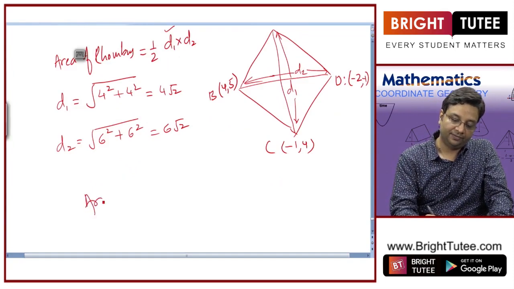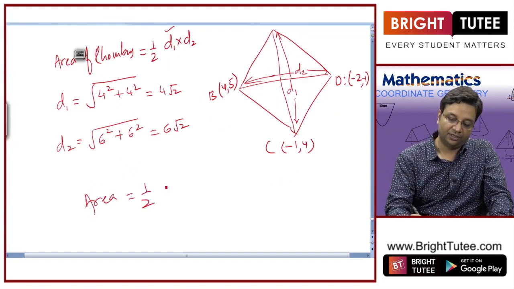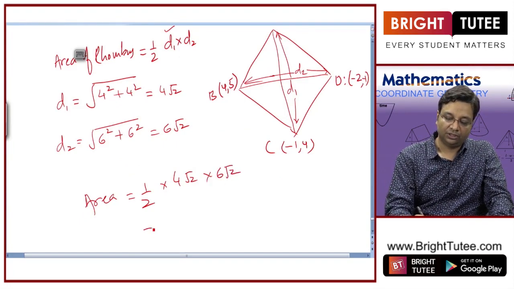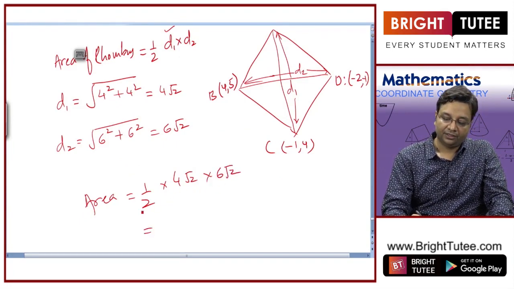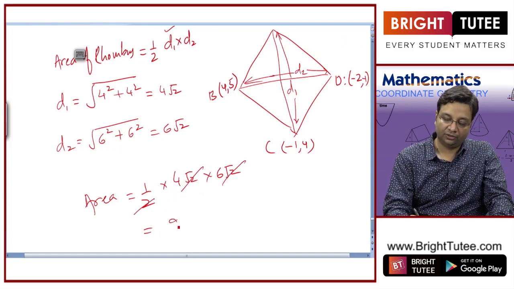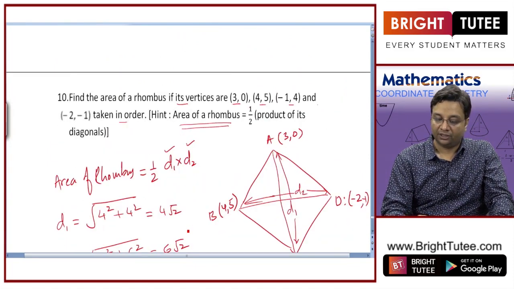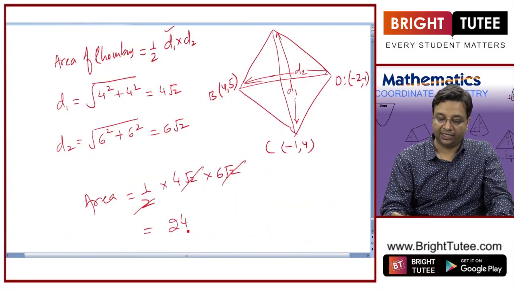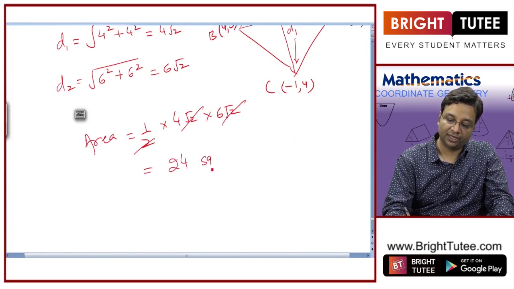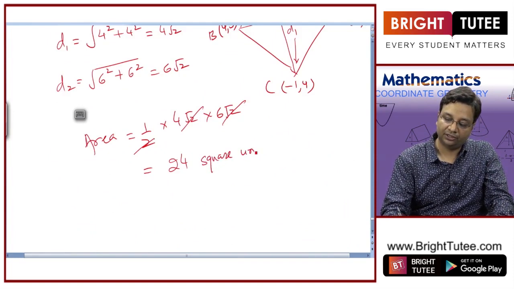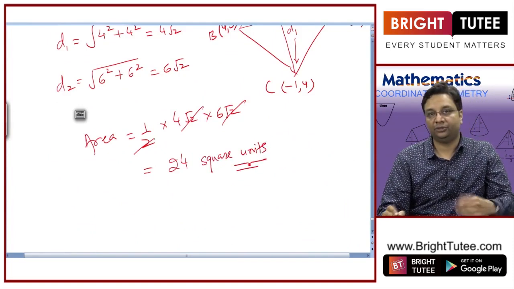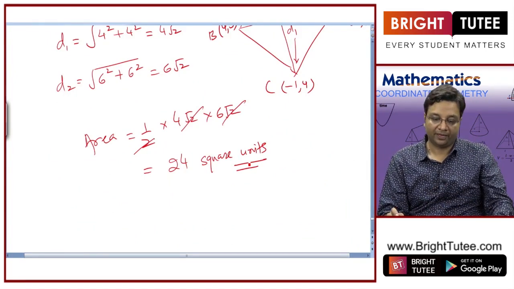So the area is equal to half, D1 is 4 root 2, D2 is 6 root 2. Root 2 into root 2 will be equal to 2, so 6 into 4, 24. What is the unit given here? Unit is not given, so area can be written as 24 square units, whatever be the unit.